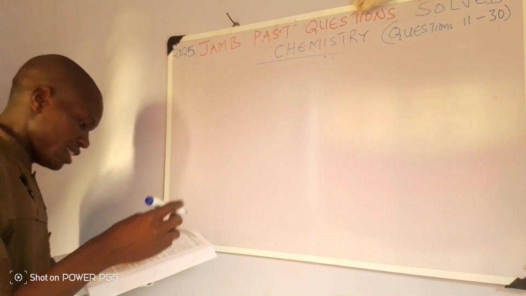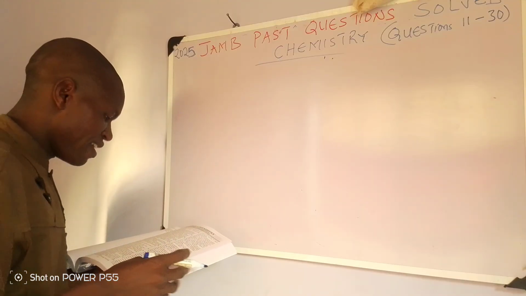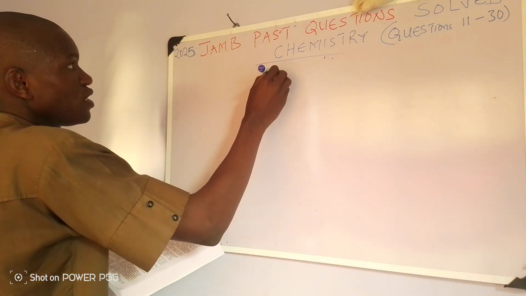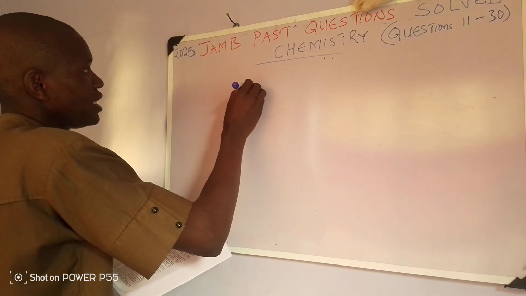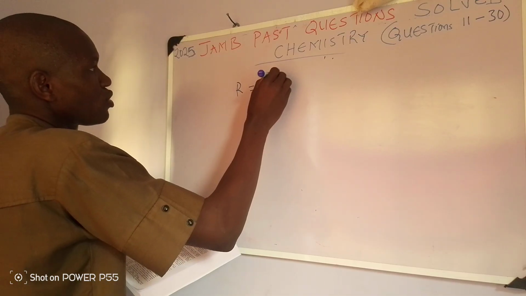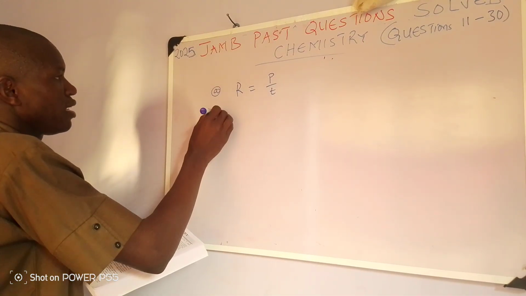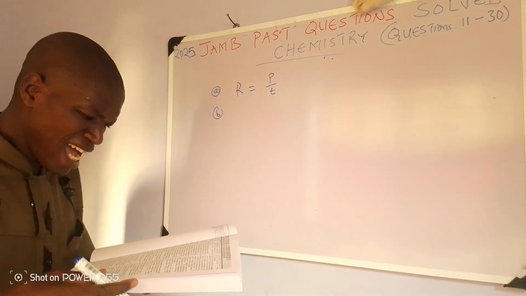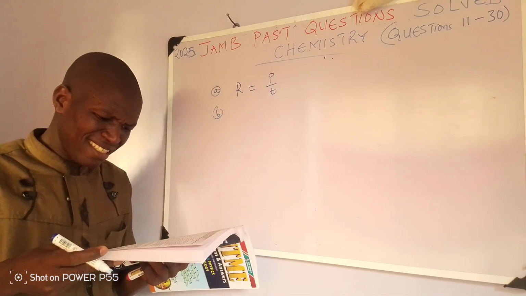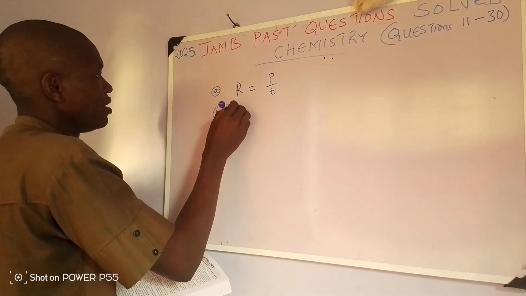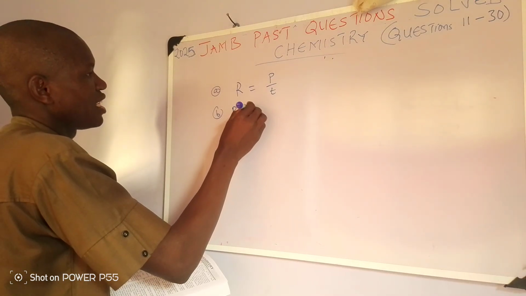So the first option, A, says product divided by time. Remember we are talking about rate. So A, they say product over time. Let's see B. B now says it is reactant times time.